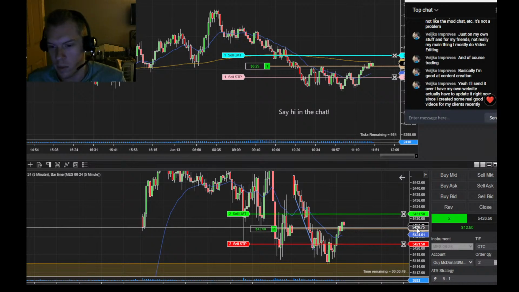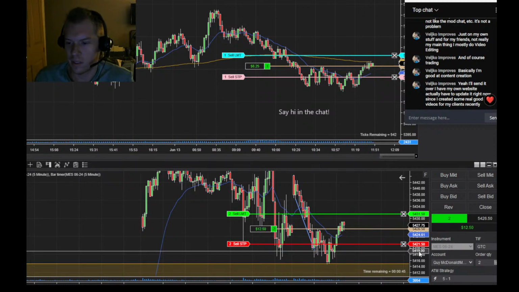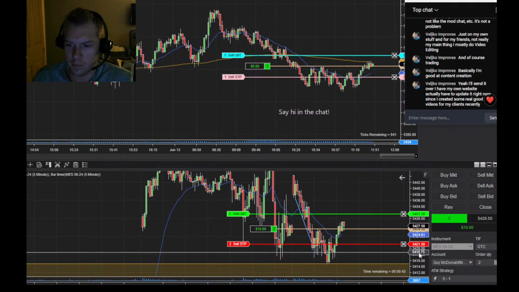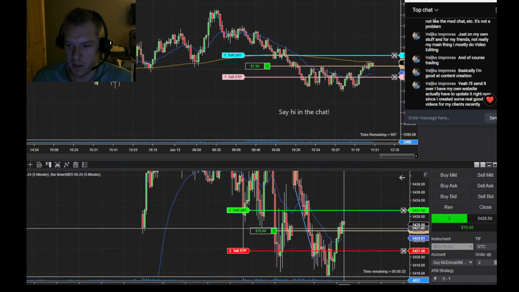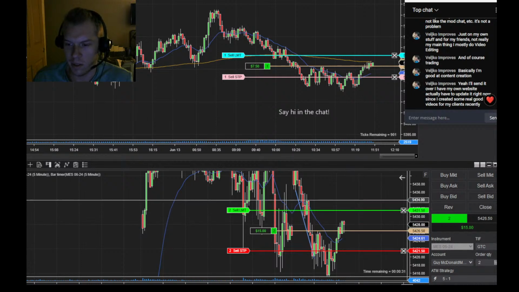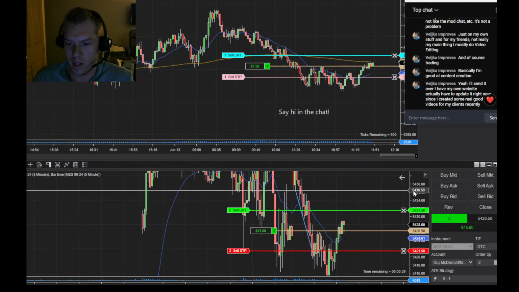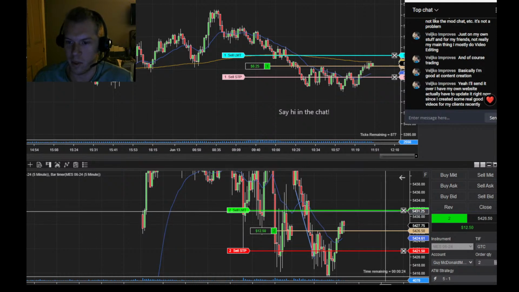So we got 1 minute to decide what to do at the close of this bar. If it closes in the upper third of the bar, I'll go ahead and leave the trade on. If it closes any lower than that, I'll just get out of the market.